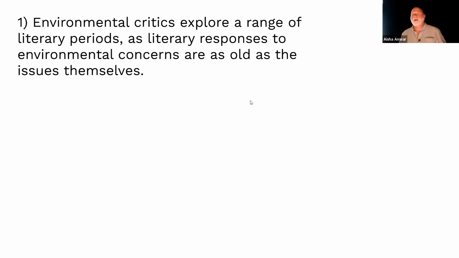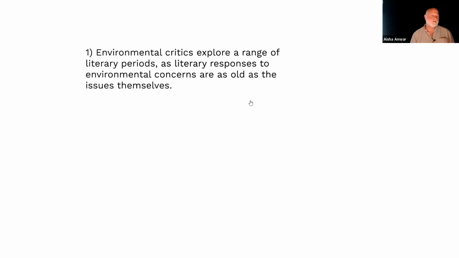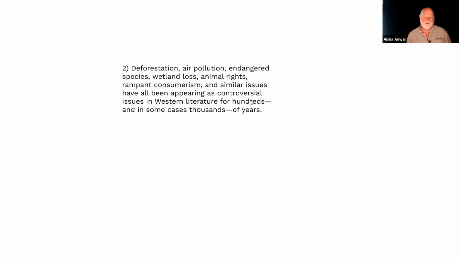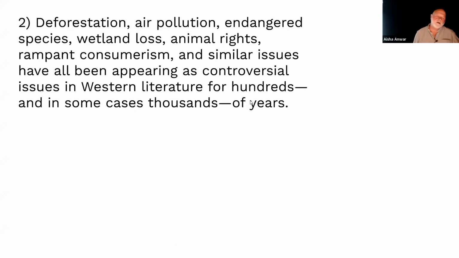So right off the bat, it is not just modern periods. You might think the problems we have are principally modern problems, principally since maybe the Industrial Revolution, and as a consequence, that's what would be the subject of our inquiry, but it's not. It can be a range of periods, hence we're starting 5,000 years ago. Why? Because things like, and I mentioned this in the syllabus, deforestation, air pollution, endangered species, wetland laws, animal rights, rampant consumerism, and a host of other things have been appearing as controversial issues in the West for hundreds, and in some cases, thousands of years.